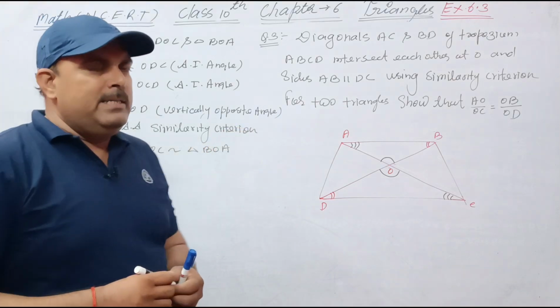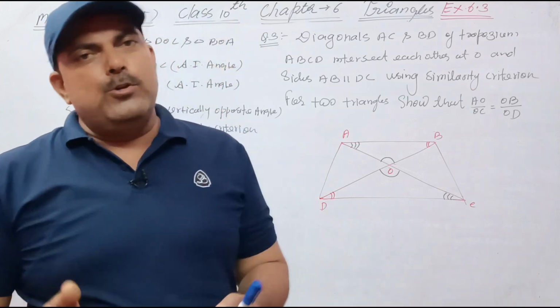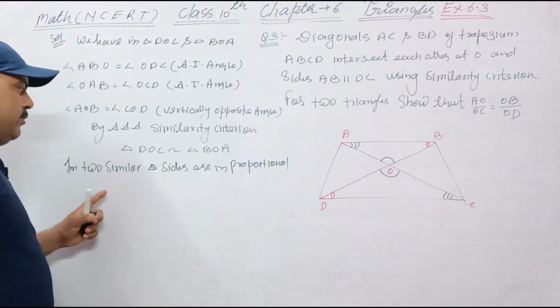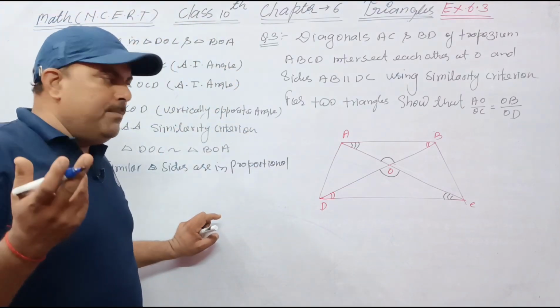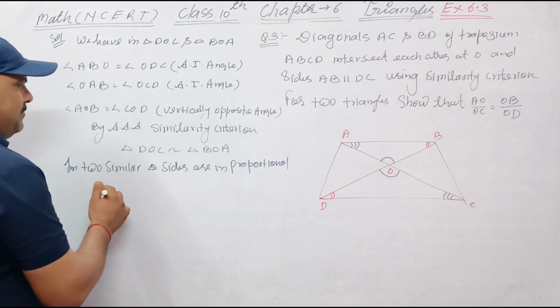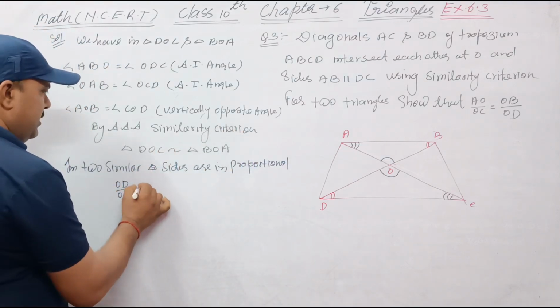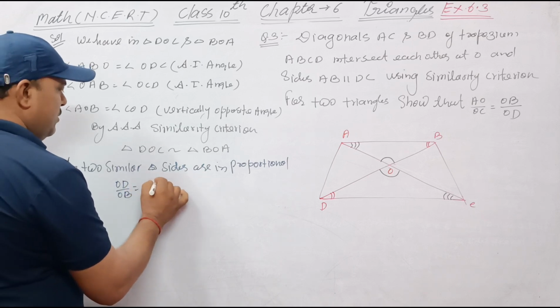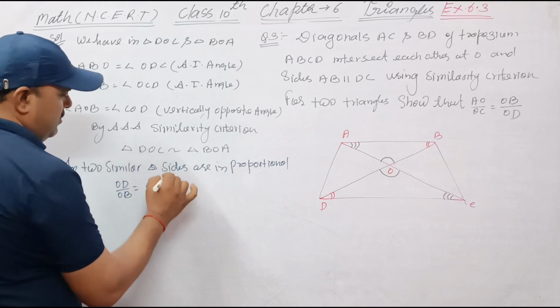Now in similar triangles, sides are in proportion, that is, we can write that OD upon OB is equal to OC upon OA.